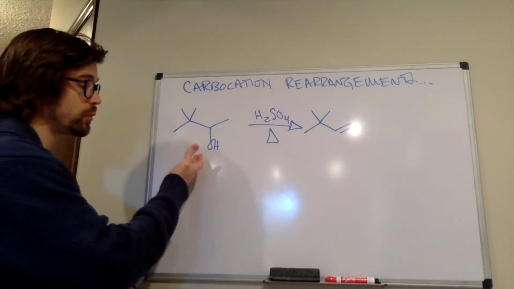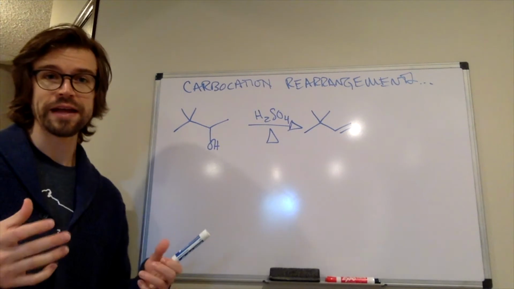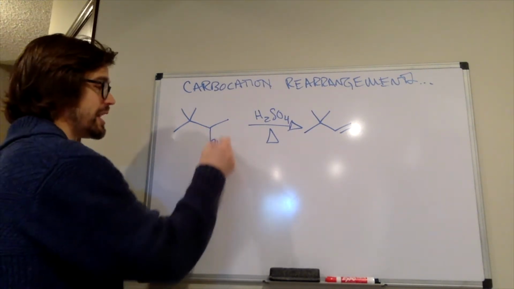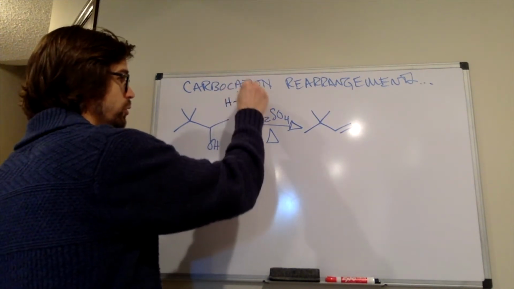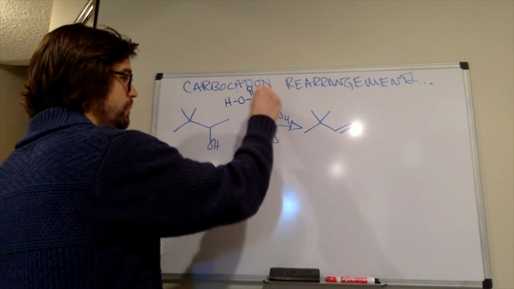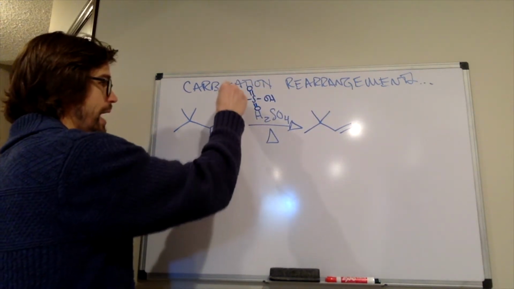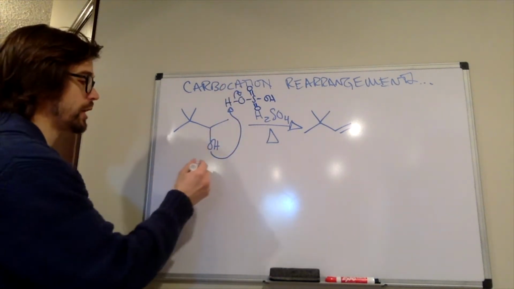So essentially we have a secondary alcohol here, and that's going to react, as we've seen, with sulfuric acid and heat. This is not a good leaving group in and of itself, so it's going to react with sulfuric acid to make the more stable acid, because hydronium is more stable than sulfuric acid.